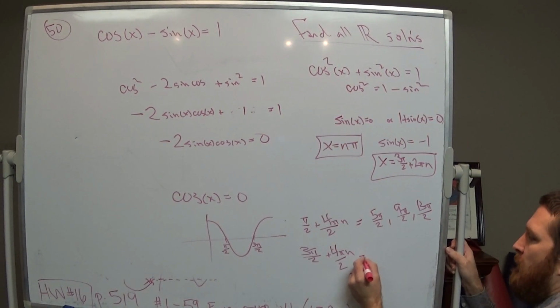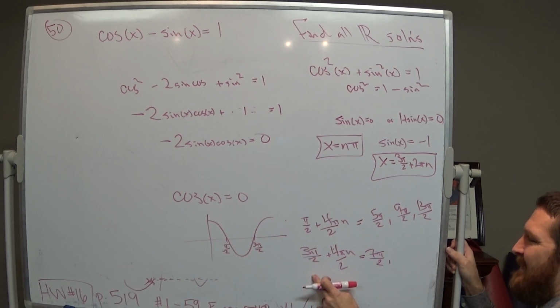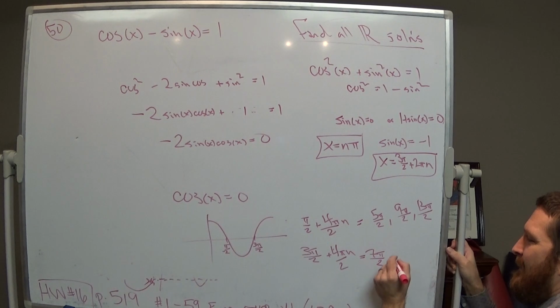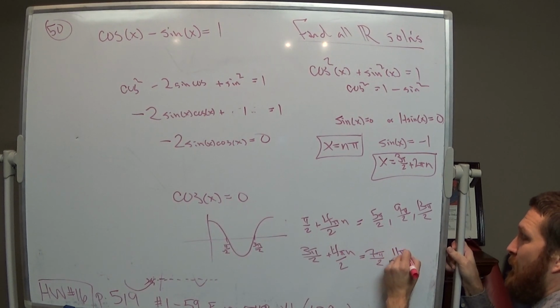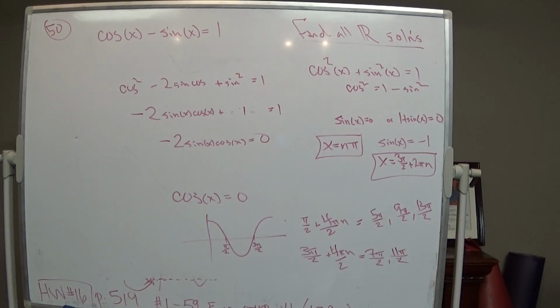Then 7 pi over 2, plus 4, 7, 8, 9, 10, 11 pi over 2. We have all. But this is insufficient.